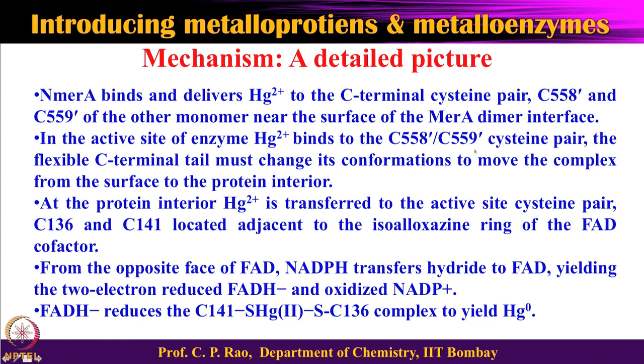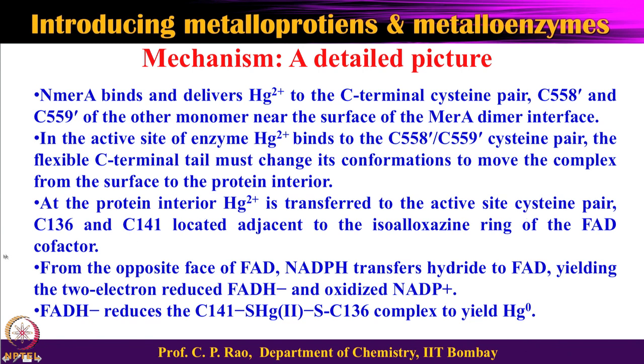So, these are all steps where the mercury ion is taken up by the disulfide or cysteine pair, as we call it. When it reaches 136, 141, the isoalloxazine ring of the FAD is present there, and therefore this particular part will indeed be involved in the reduction reaction. That whole thing can be called step 1 or process 1.